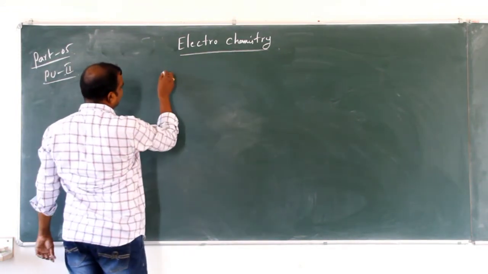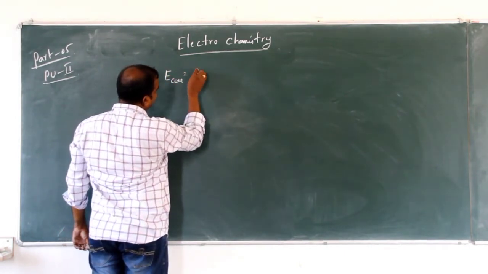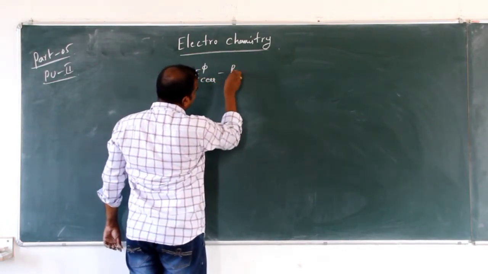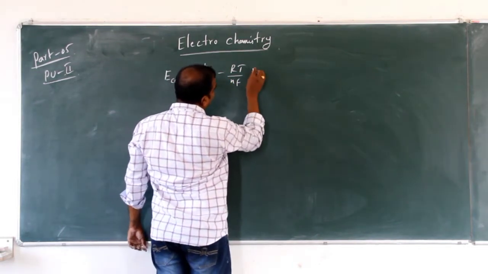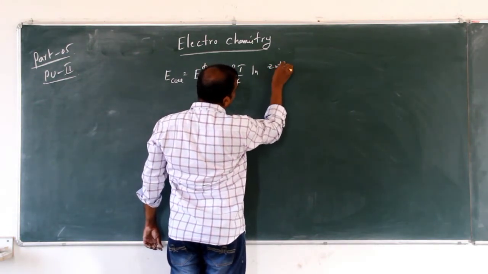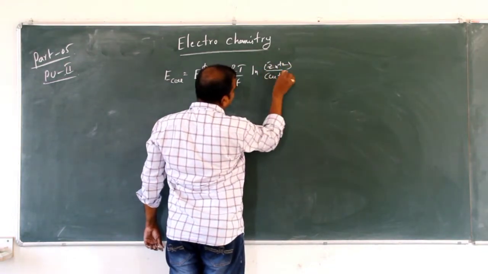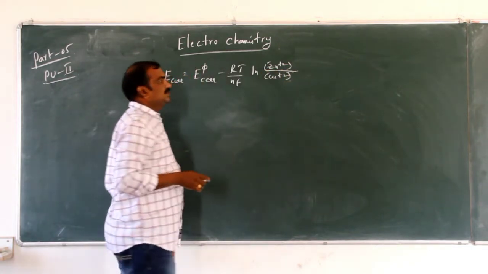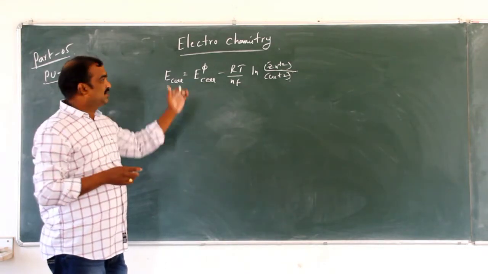So we write the Nernst equation here: E cell is equal to E naught cell minus RT by nF ln of Zn plus 2 concentration by Cu plus 2 concentration. This is for the Daniell cell.